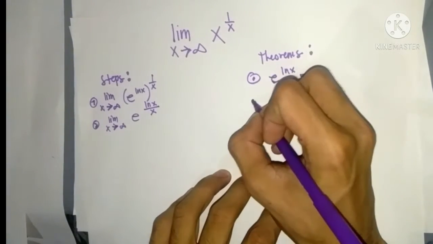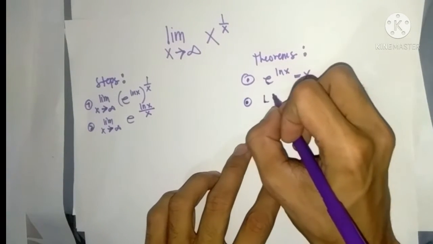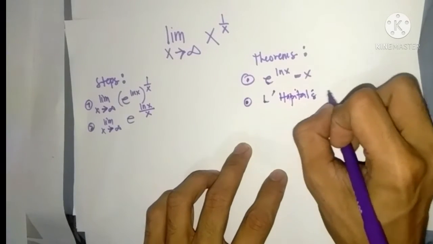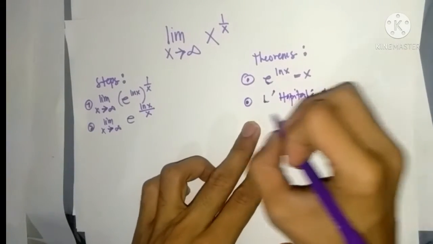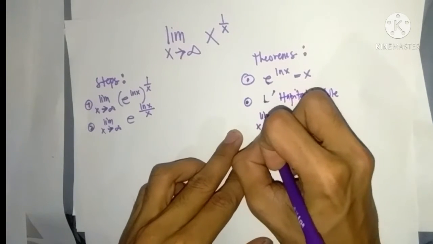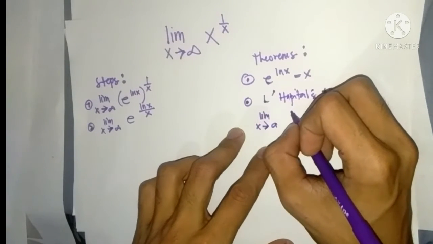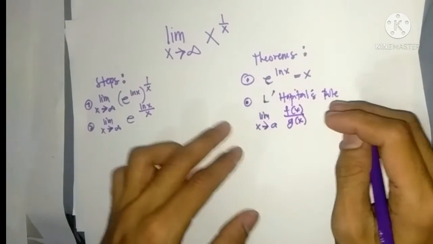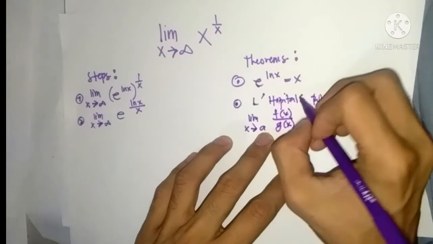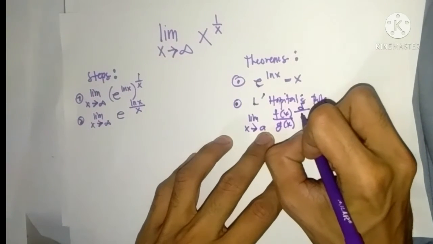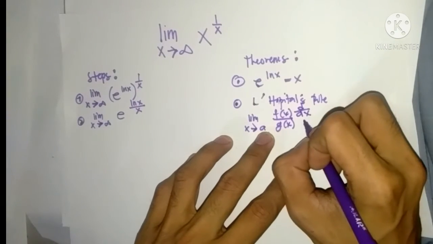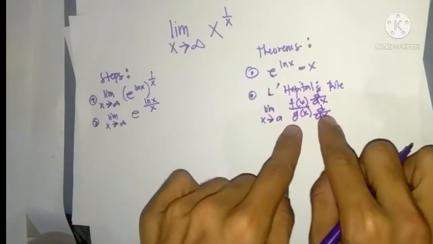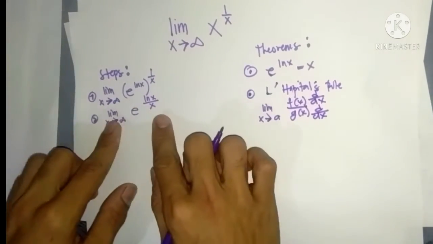So, nakasaad doon na limit as x approaches to a certain value of a function of x over g of x, basta naka-fraction siya, allow tayo na kunin yung derivative of numerator and denominator. So, i-apply natin siya dito sa ln of x.